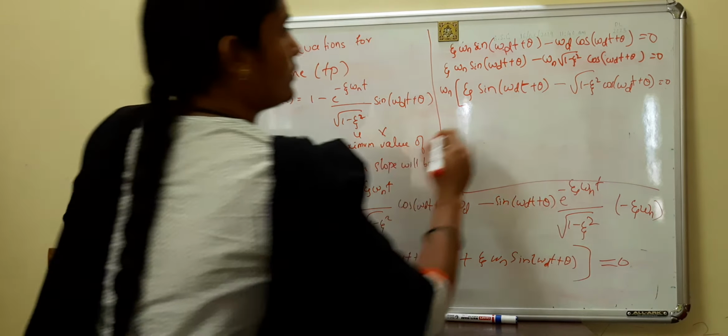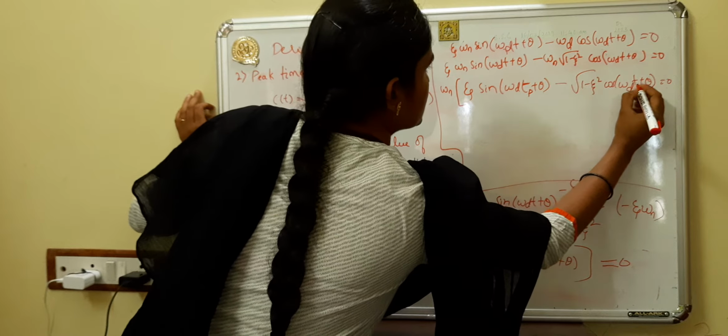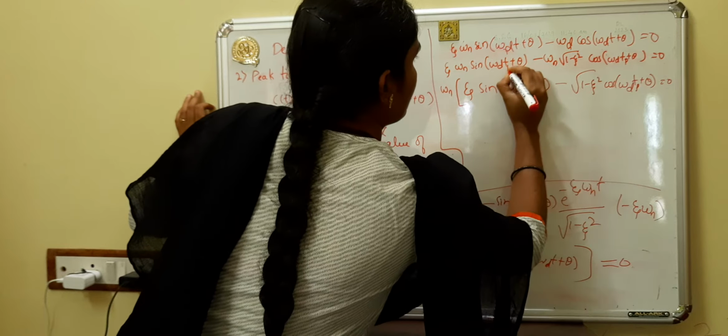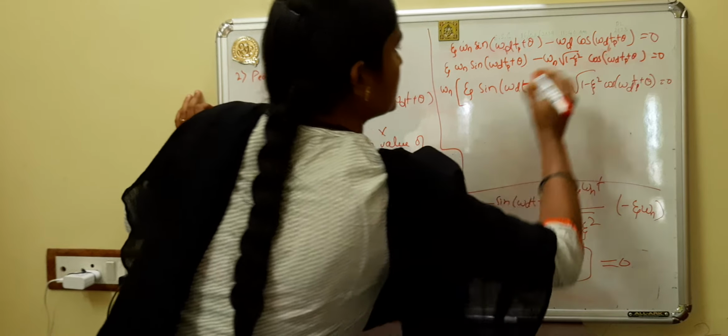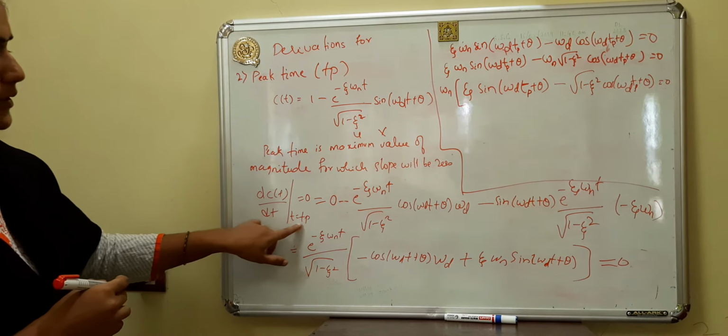For time t equal to tp, we have to replace all t by tp, because for peak time t becomes tp.